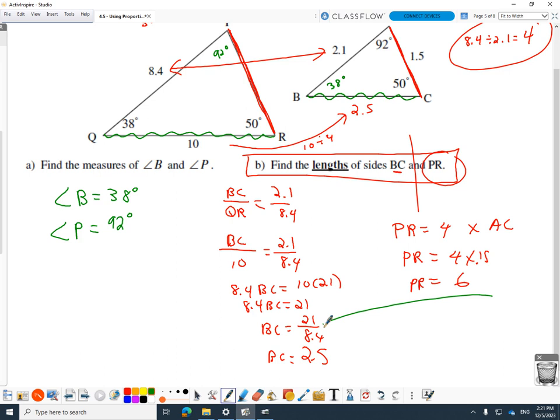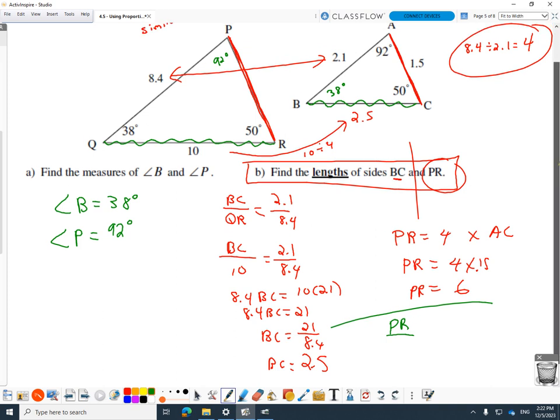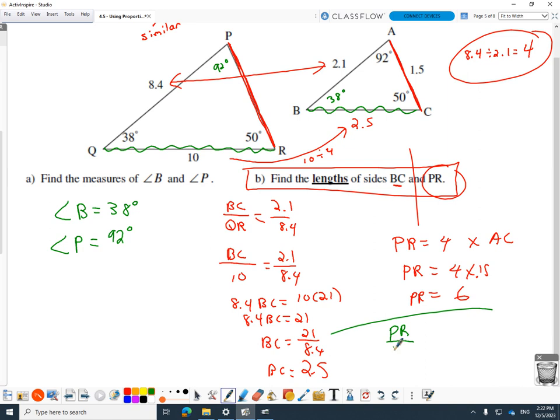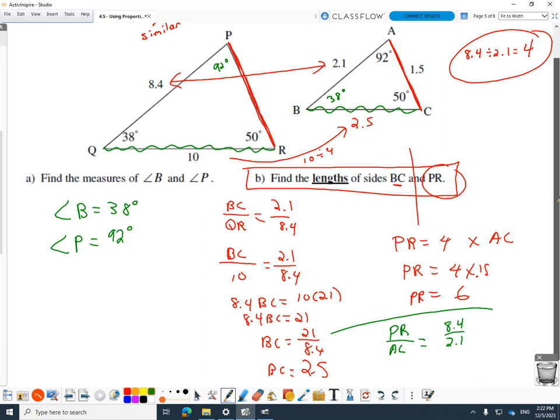But the other way to do it was to match them up and go, okay, PR matches up with, oh, I can't see it because I scrolled up too far. Where are the letters? PR over AC equals 8.4 over 2.1. But I know what AC is. 1.5? Yes, it's 1.5.